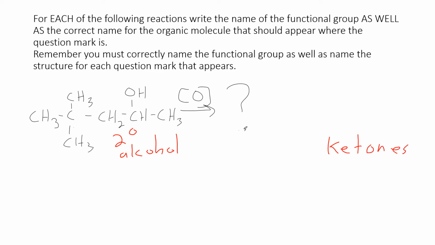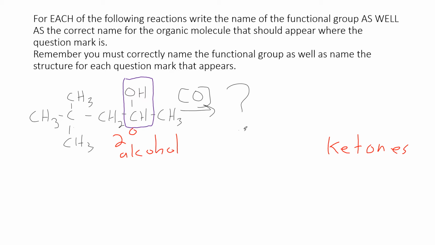So now on your scratch paper, you want to go through this procedure and then draw out the structure of the ketone that you're going to form from this. Remember that only changes are happening at the functional group end of the molecule. If I box a functional group end in purple, that's the part of the molecule that's going to change.